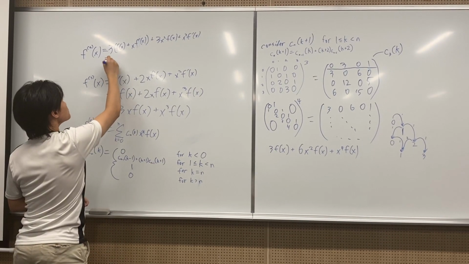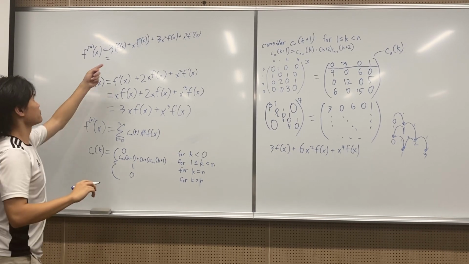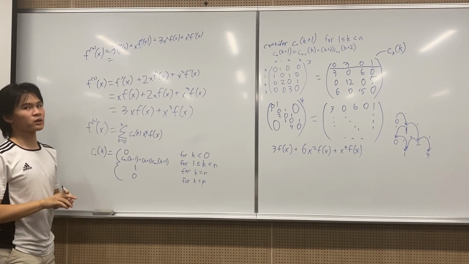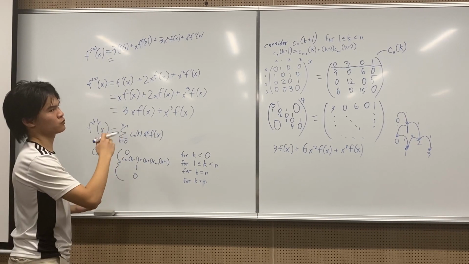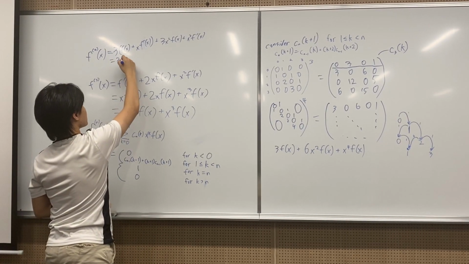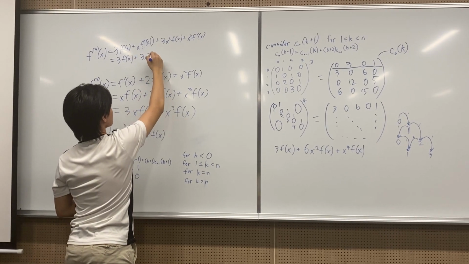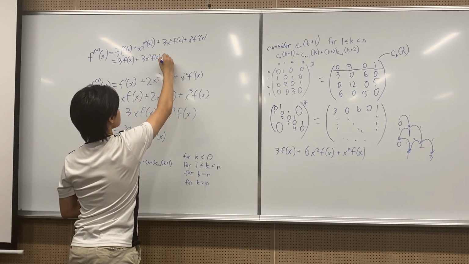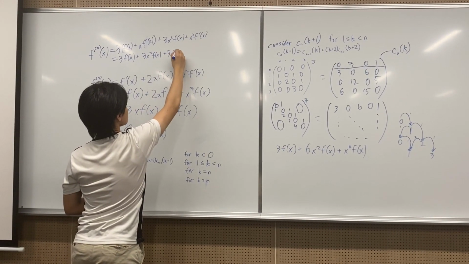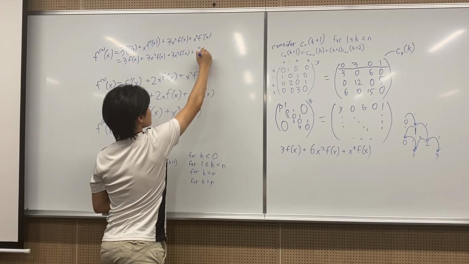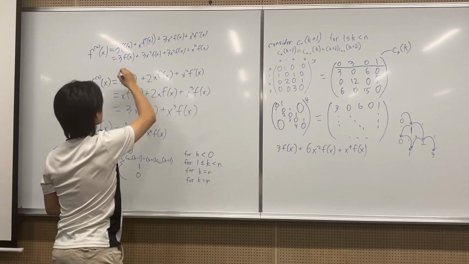We're just going to distribute this 3 in and sub in the f primes for the x f of x's in one step. We get 3f of x plus 3x squared f of x plus 3x squared f of x plus x to the fourth f of x.